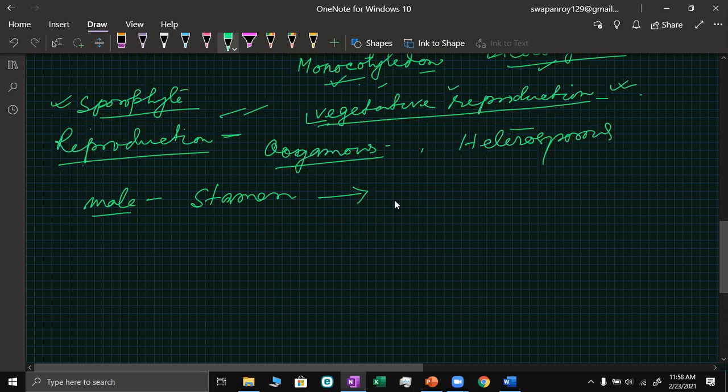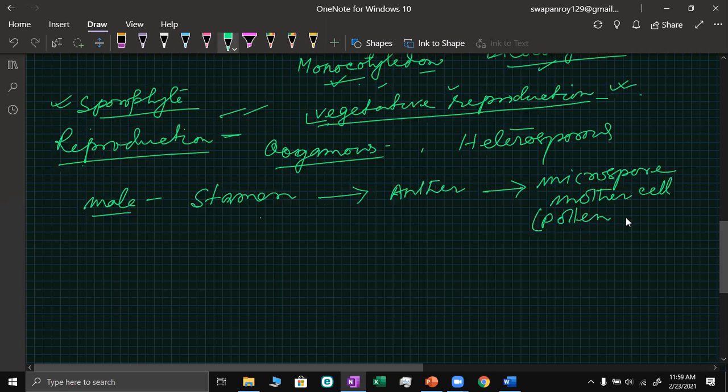Within the stamen the anther is there. In the anther develops the microspore mother cell, or you can say pollen mother cell.